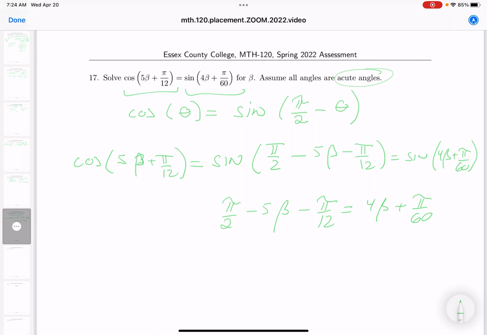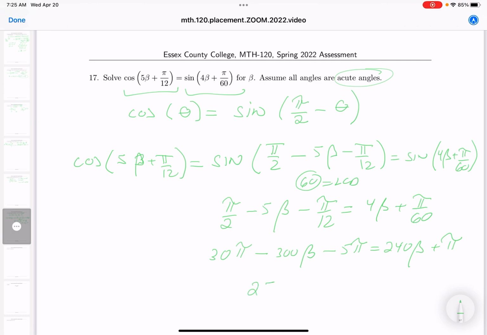All right, I'm going to multiply both sides by 60. And you get 30 pi. Again, I'm multiplying by 60. It's the LCD. This is the LCD in the problem. Let's see, 300. Let's see, minus 5 pi. Let's see, 240. I'm multiplying by 60, beta, plus pi.